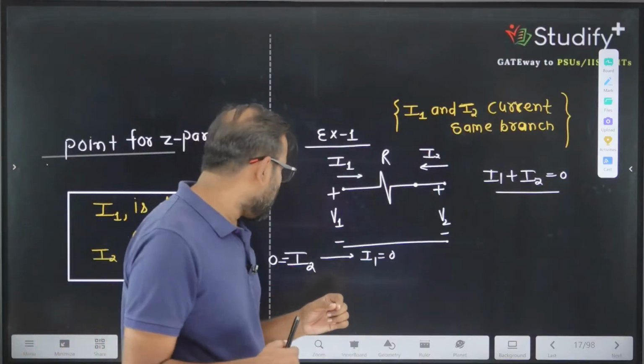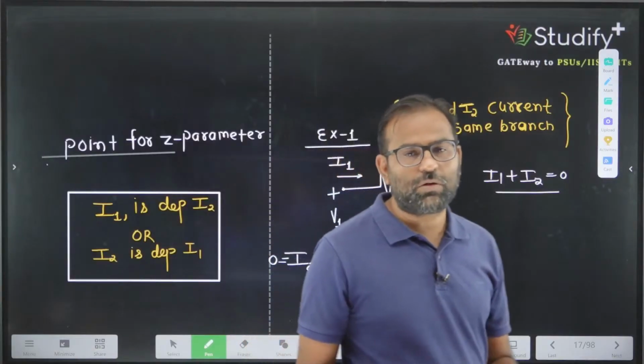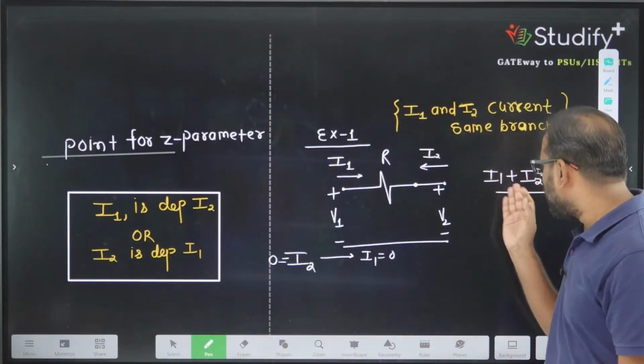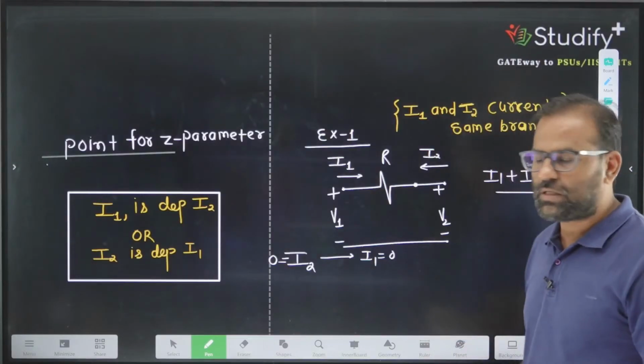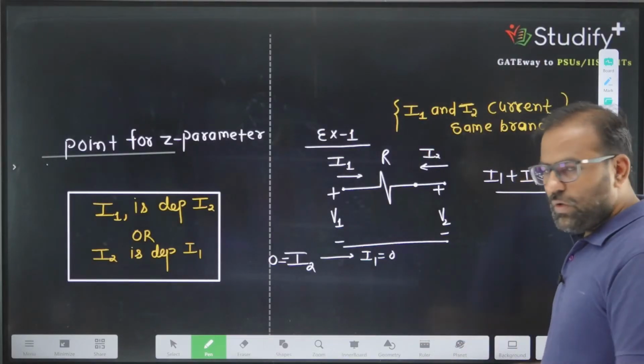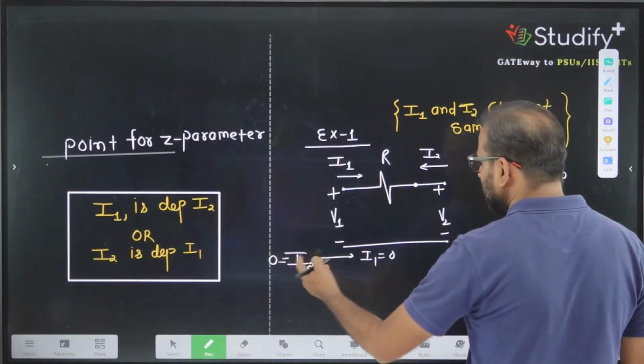If I make my independent variable I2 equal to 0, I1 will automatically be 0, because I1 is totally dependent on I2.